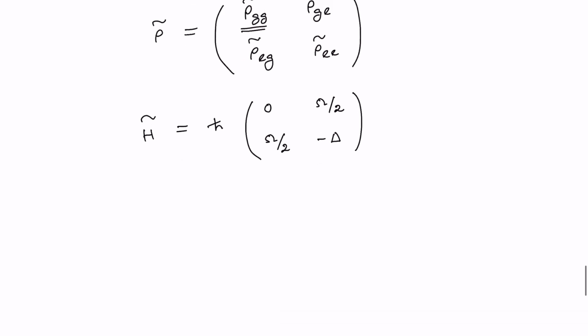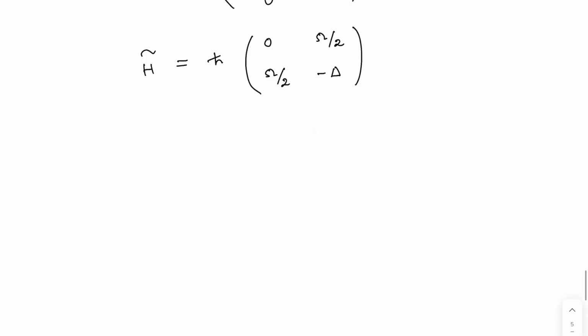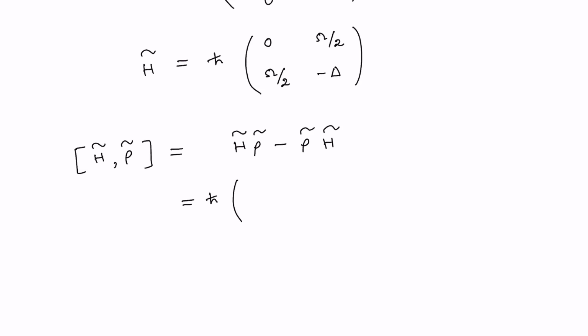So what I'm going to do now is find the commutation between h tilde and rho tilde. I have to open the whole term, so it's just mathematical algebra. I will just show you a few steps, then you can make it out yourself. So you'll have h tilde rho tilde minus rho tilde h tilde, and h tilde is h cross, 0, omega by 2, minus delta.